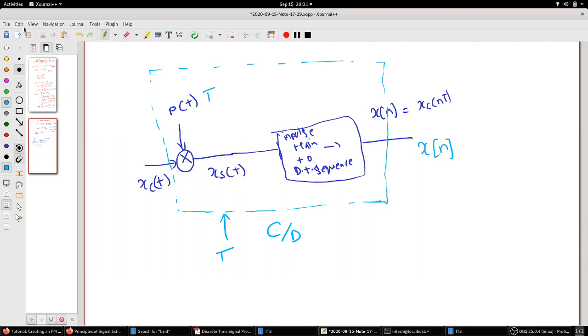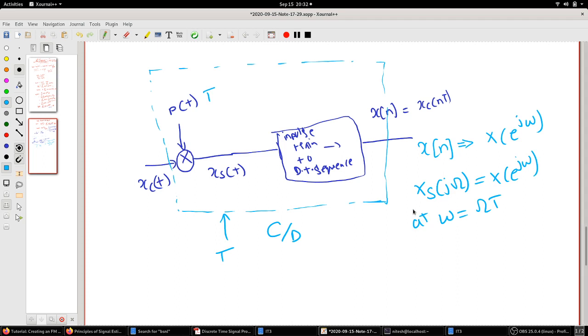Now the value that you get, x of n, has a Fourier transform X of e raised to j omega, which is the same as Xs of j omega at omega equal to omega T. So this is the relationship that you get.